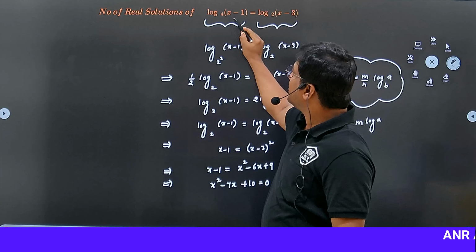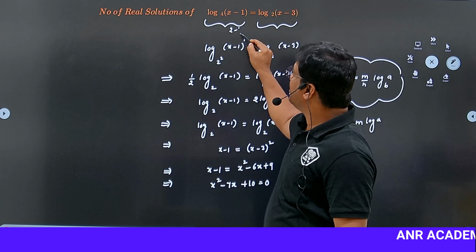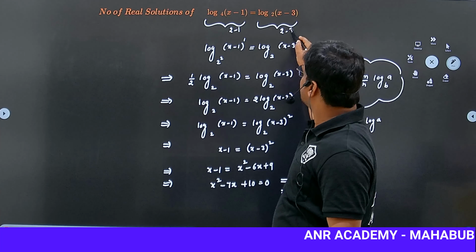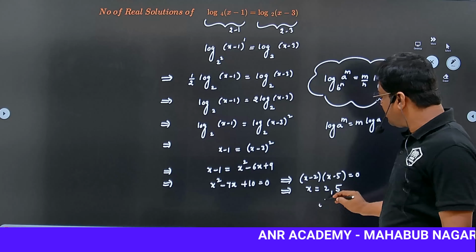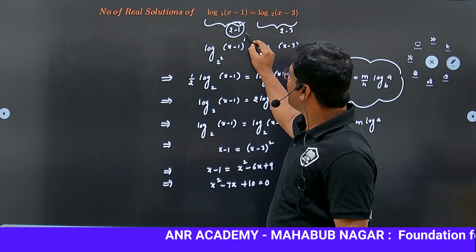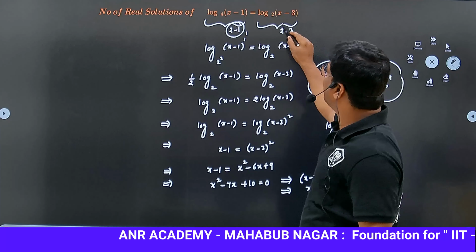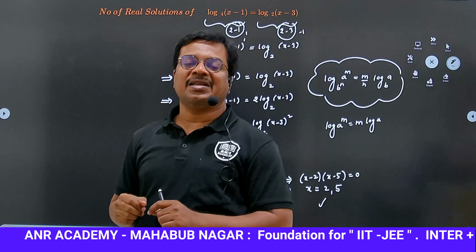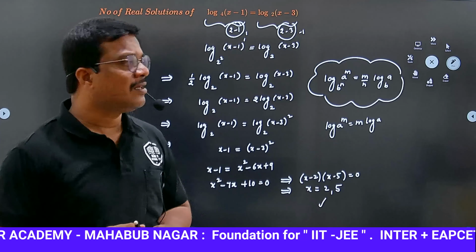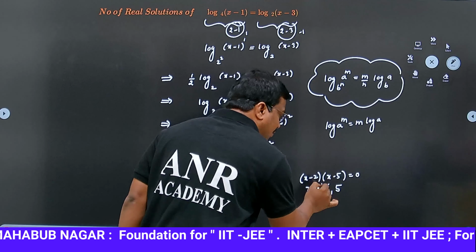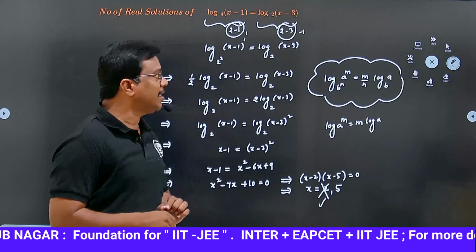Observe: 2 minus 1 here, and 2 minus 3 there. So when you put x value 2, the input becomes plus 1 in the left hand side and minus 1 in the right hand side. Log of minus 1 is not defined. So no need to select the value 2 as a real solution here.